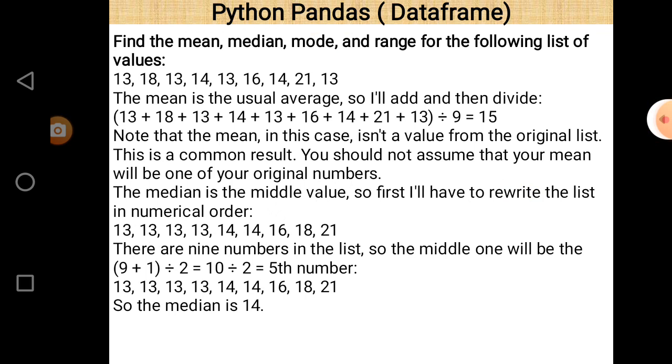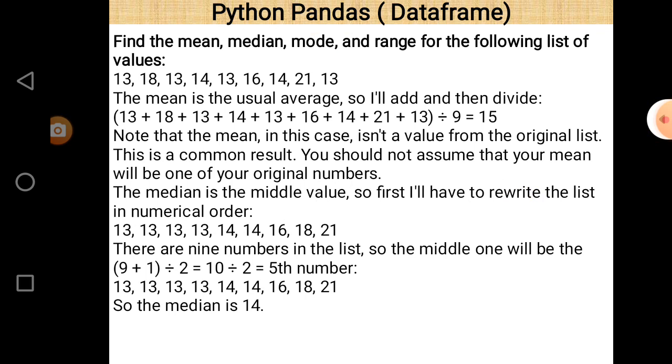So now the second term is median. Median is actually the middle value. If we find out the median, first of all write all values in ascending order, and just write the middle value. Whatever the middle value is, it is the median of that data set.